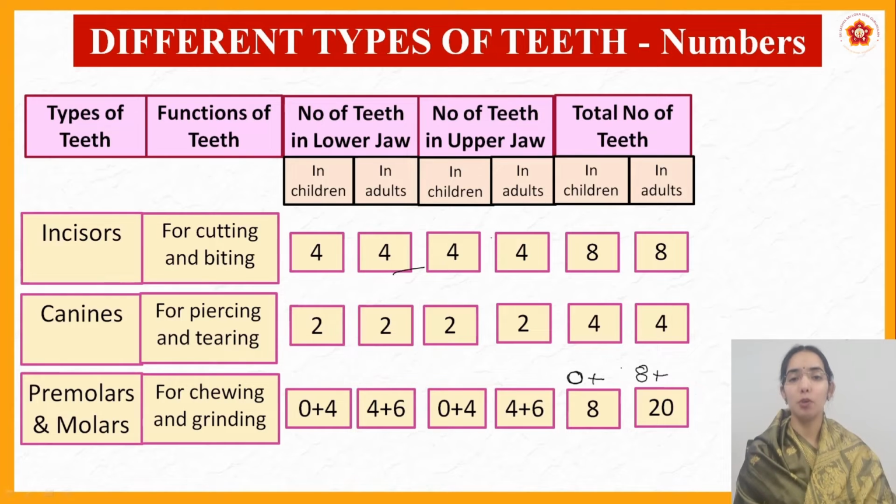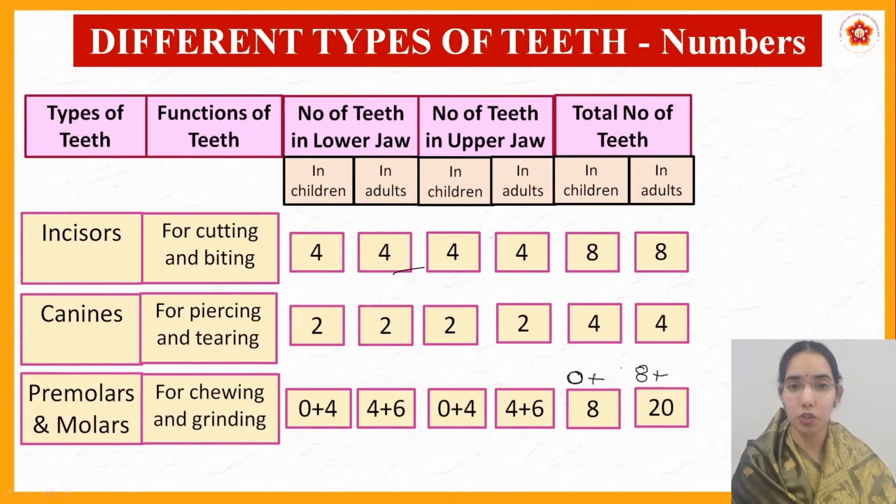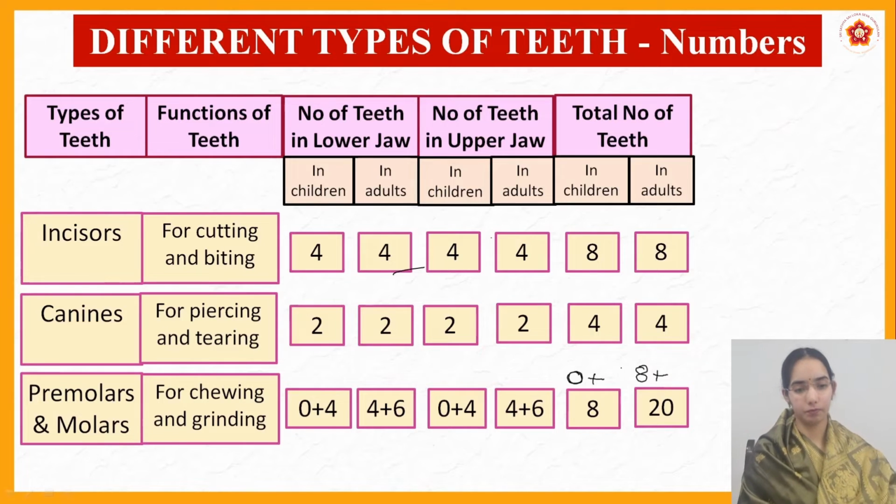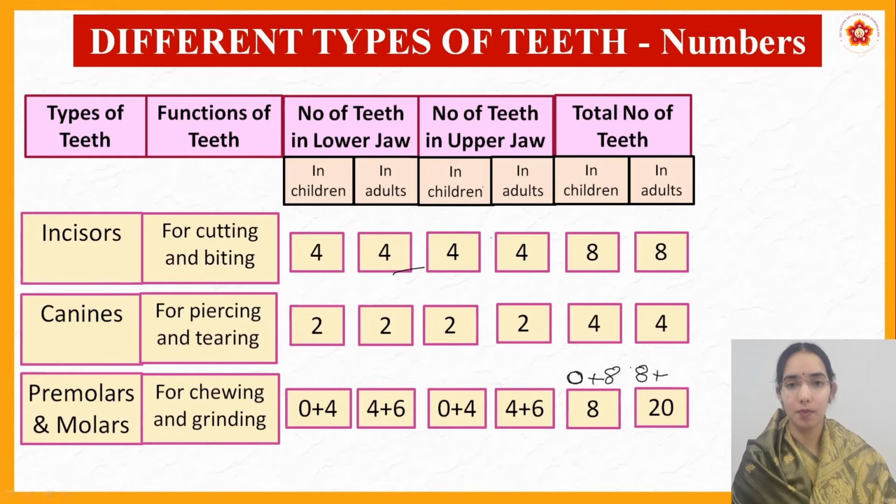And likewise in the upper jaw in children, 2 molars on either side. So a total of how many molars are there in children? 8. Okay, so again I'll just write it down over here. 8.